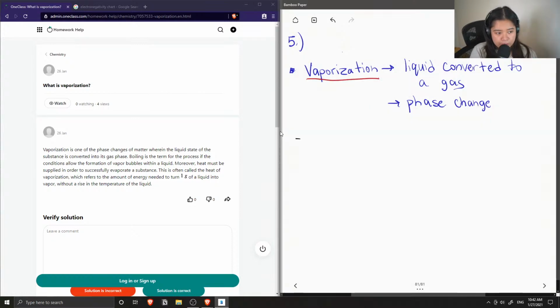So for example, let's say we had liquid water and we boiled it at temperatures greater than 100 degrees Celsius.